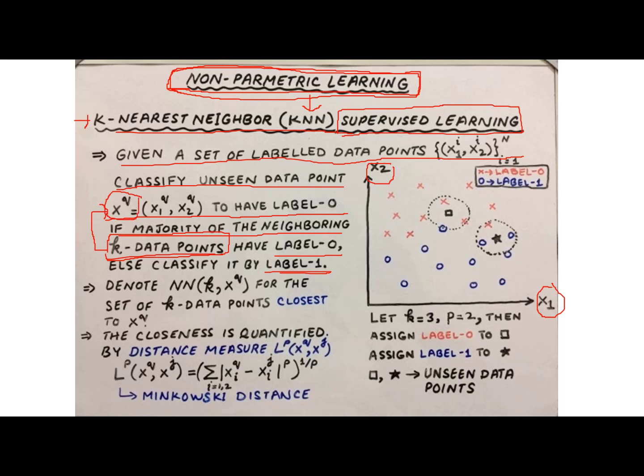And if the majority of those data points have label 1, so will xq have label 1.